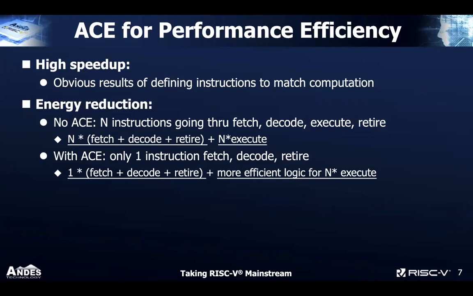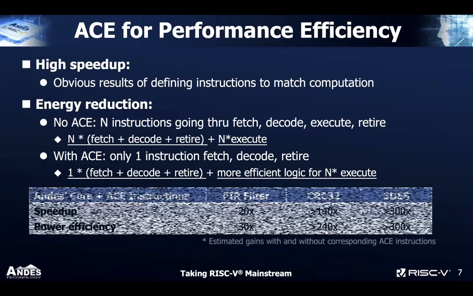With a custom instruction, you might replace 1,000 operations with a single instruction. So now there's a lot less fetching, a lot less decoding, and it's very efficient. So you save time, execute faster, and you save power.